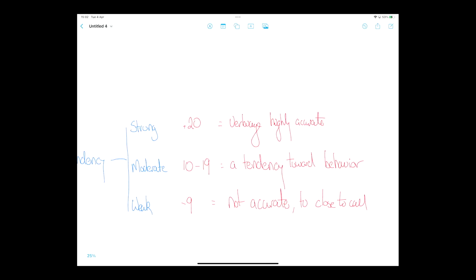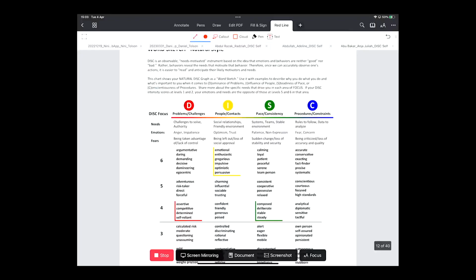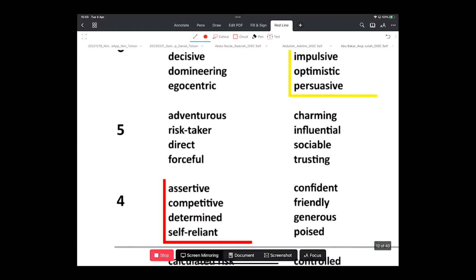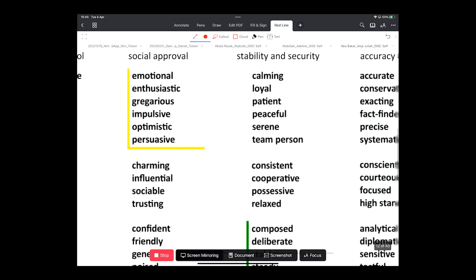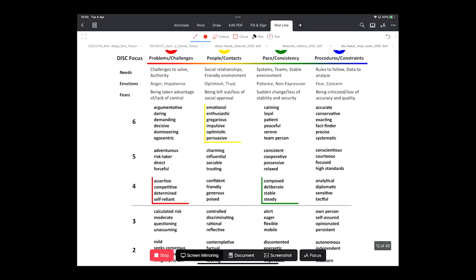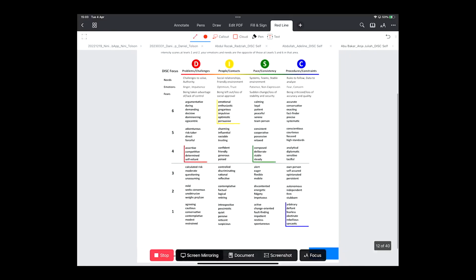We're going to use these numbers to calculate these tendencies and see if each is strong, moderate, or weak. This gives us insight into the descriptive words. In the DISC report, there are descriptive words that describe this score, and it tells us if these tendencies are strong, moderate, or weak and how these factors interact with one another.